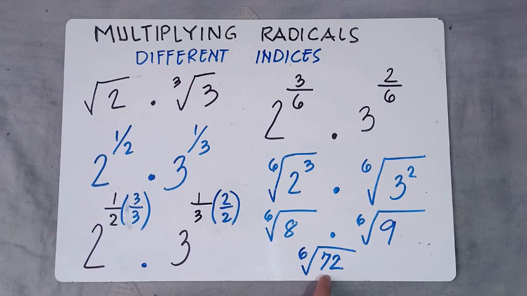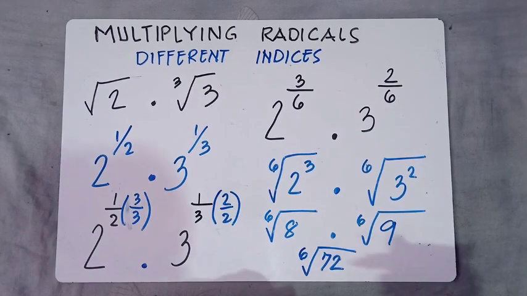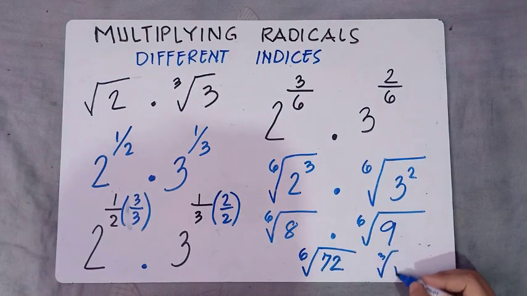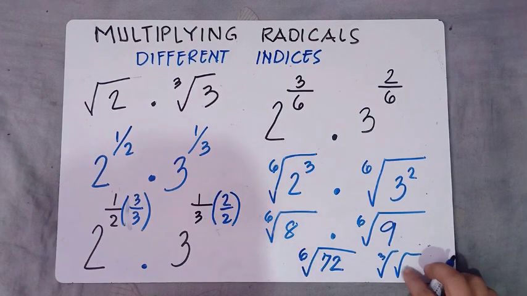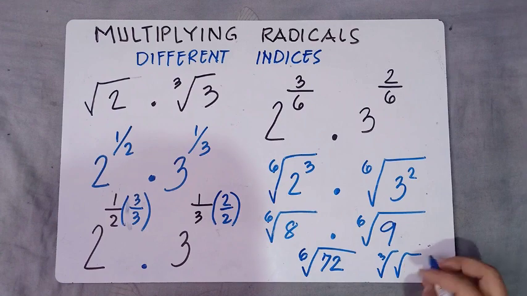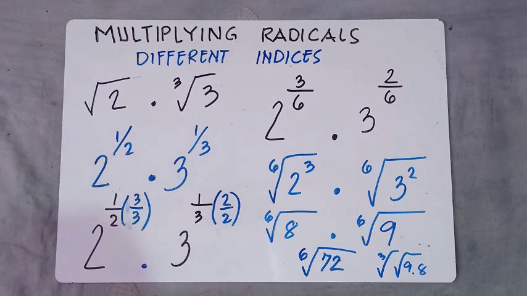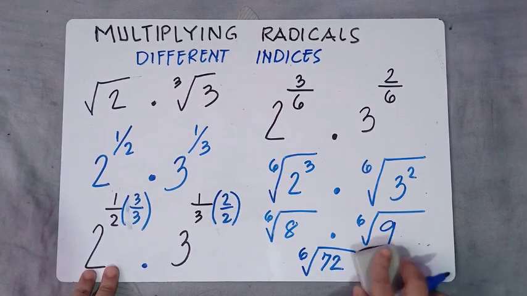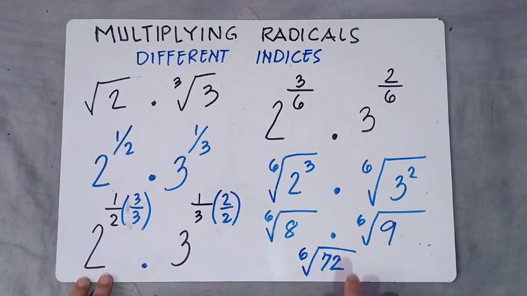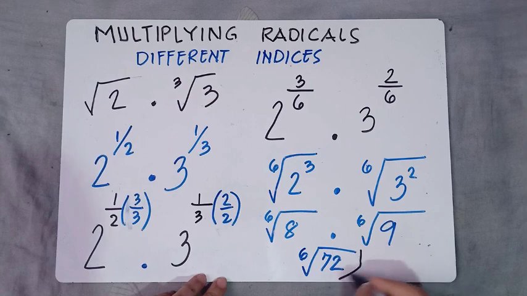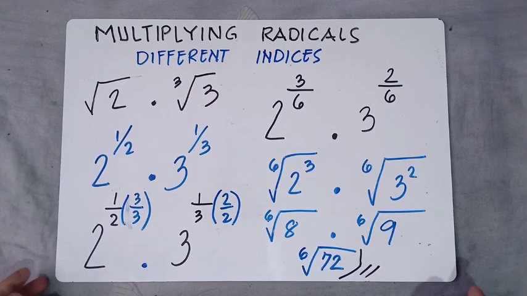I think there's no such number. We can actually simplify this by the cube root and square root, square root of 9 times 8. We can do that if you want to. But this is actually okay, class. 6th root of 72. So this is our answer.